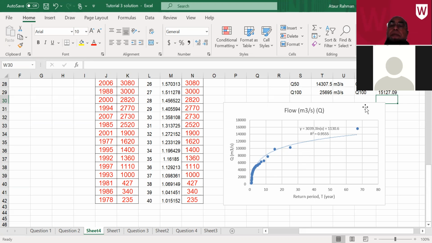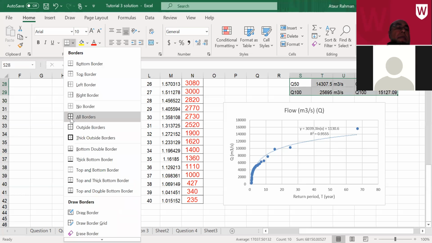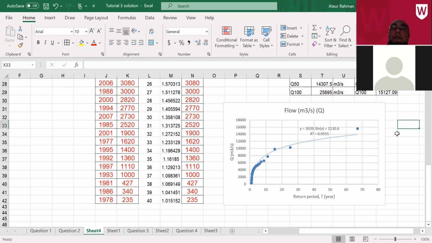So you can see here that the difference between these two estimations, particularly for 100-year, is quite high. If we are asked to comment on it, between the two different fittings, for a higher return period, this is going to underestimate because the line has been dictated by the smaller points too much.